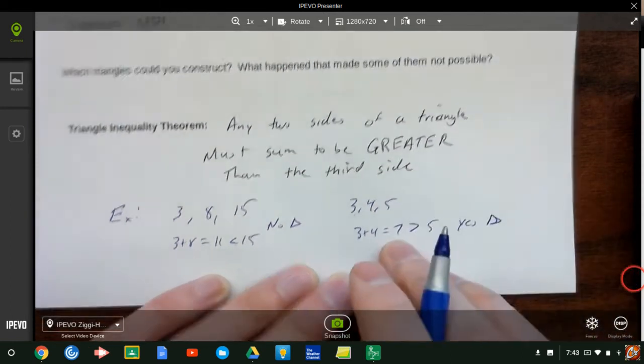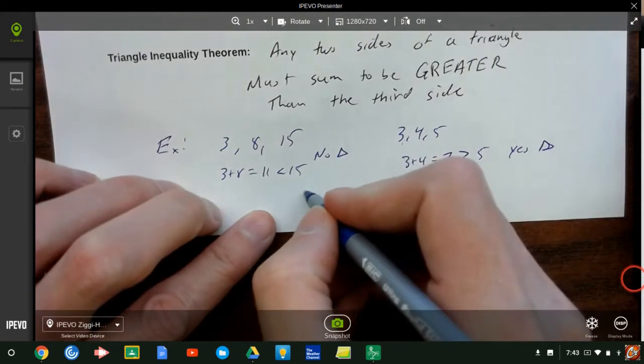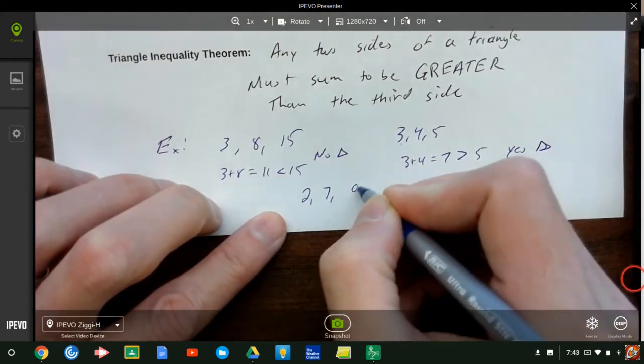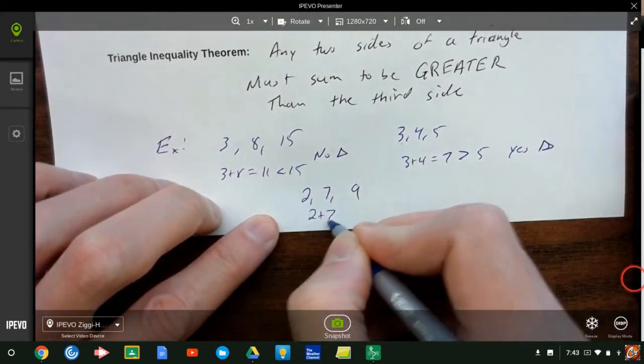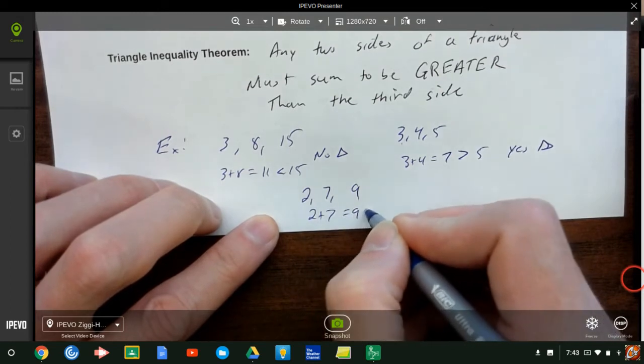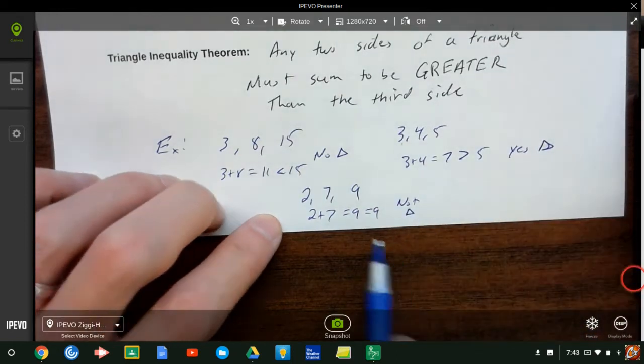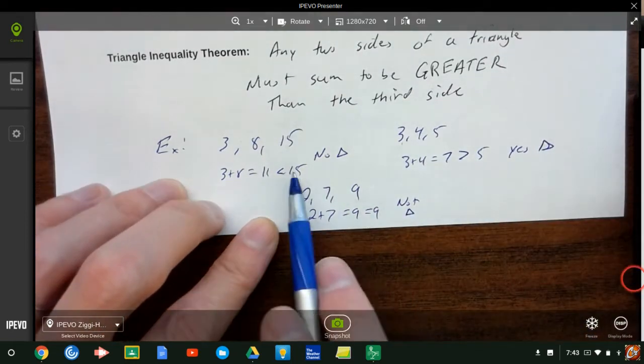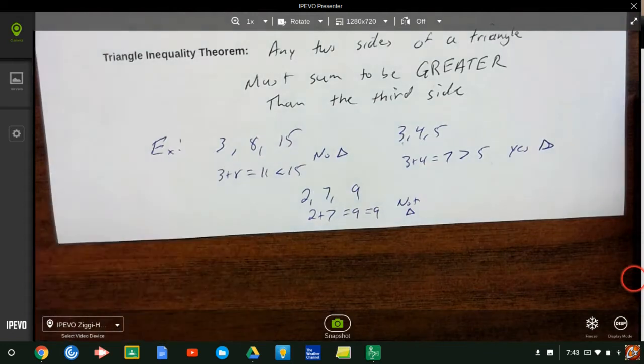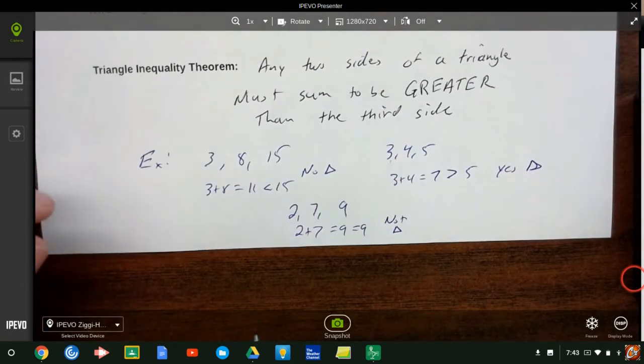Okay? If I gave you sides 2, 7, and 9, well, 2 plus 7 equals 9, which equals 9, so not a triangle. Can't equal the number, it has to be bigger than the number. Okay? That's what the triangle inequality theorem tells us.